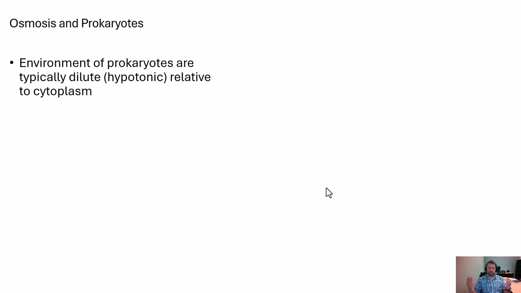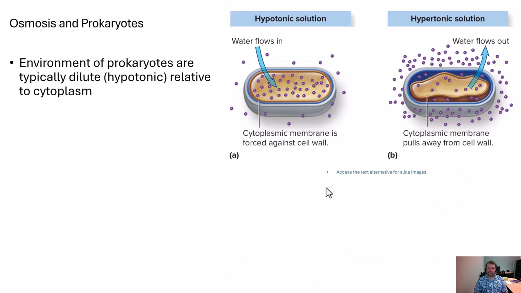So water is rushing in to the prokaryote at all times, basically. Okay? And that's really where that flexible membrane comes in, and the fact that your cytoplasmic membrane has that ability to flex. And so the water rushes in, it can flex, and it doesn't burst.